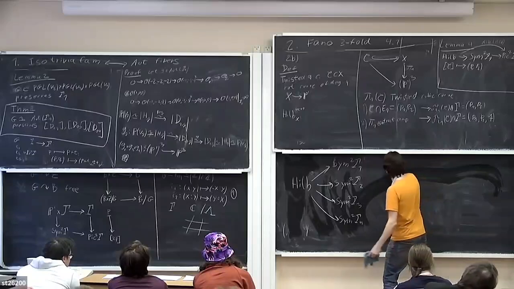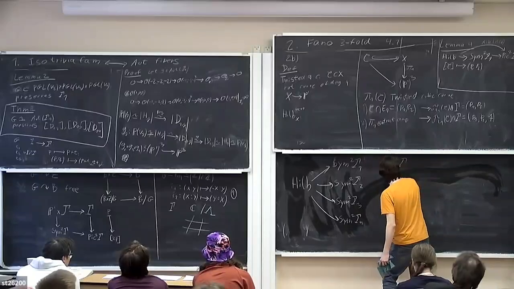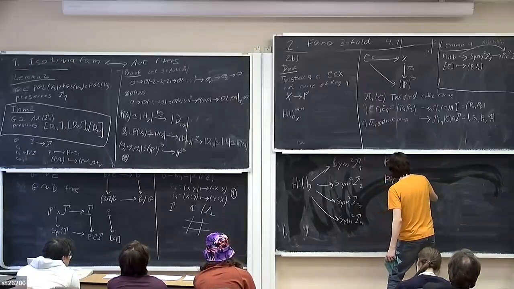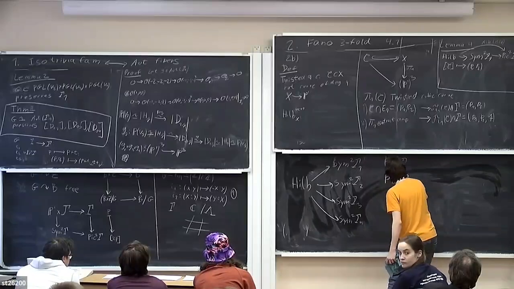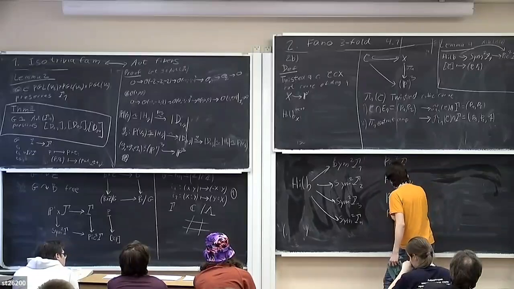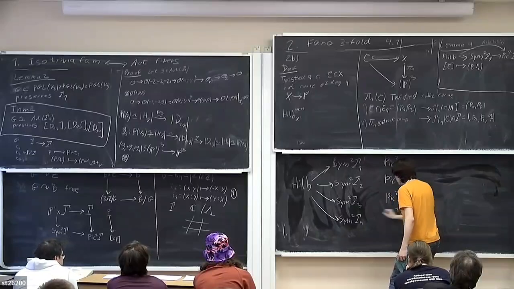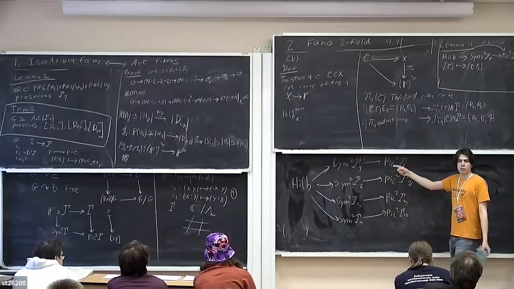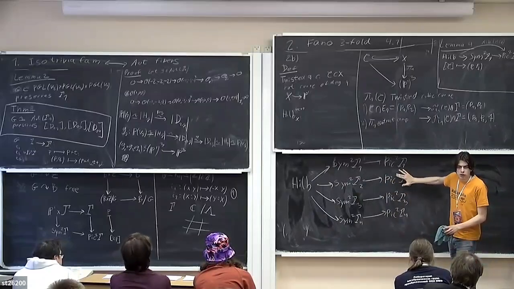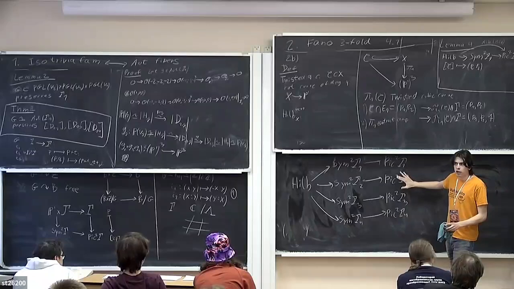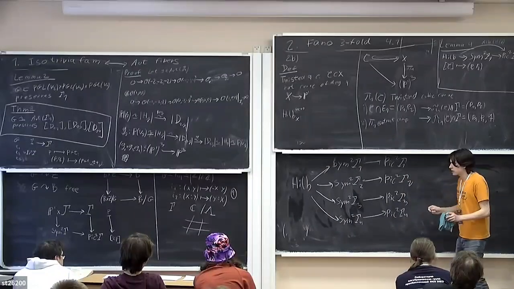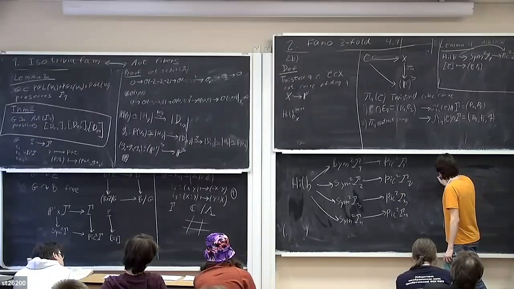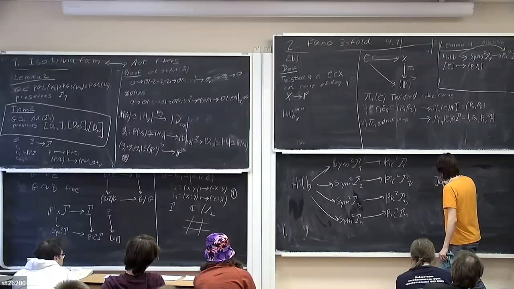And we have Pic^2 of gamma 1, Pic^2 of gamma 2, Pic^2 of gamma 3, Pic^2 of gamma 4. And basically, because Pic^2 of gamma i is abelian, and because of some kind of universality, we obtain morphisms to the intermediate Jacobian of X, such that this whole diagram commutes.